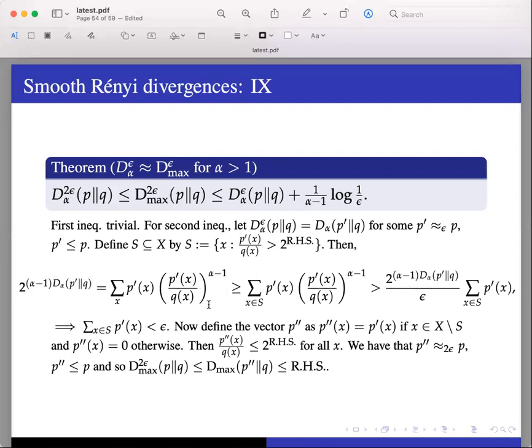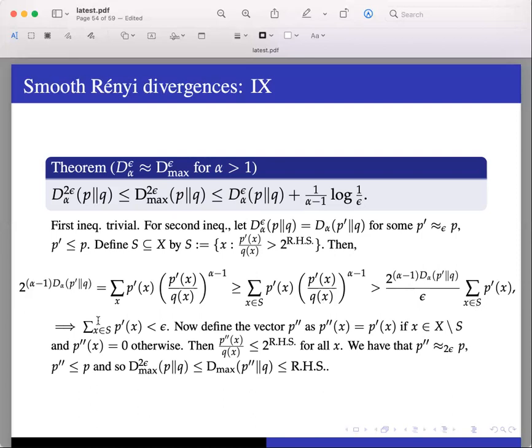Now I will only concentrate on those symbols x that are in the set S. So I get this greater than or equal to inequality, no big deal. Now what do I know for this set? The ratio p prime x by q x is larger than 2 to the RHS. So I plug that in, do the simplification, and I get this quantity. What remains is just this part, which is the summation of p prime x for x belonging to the set.